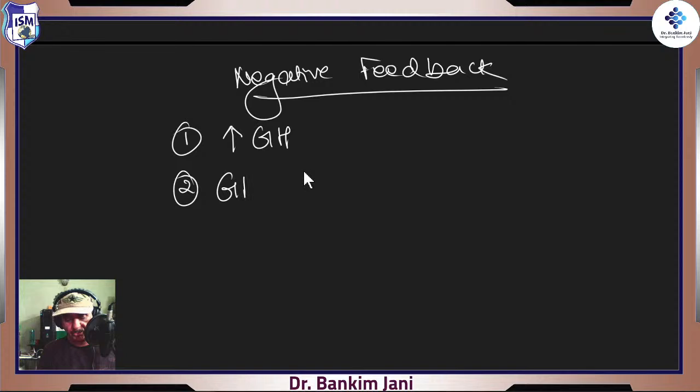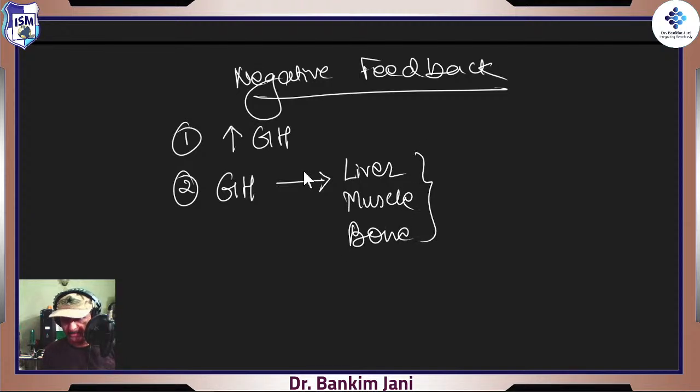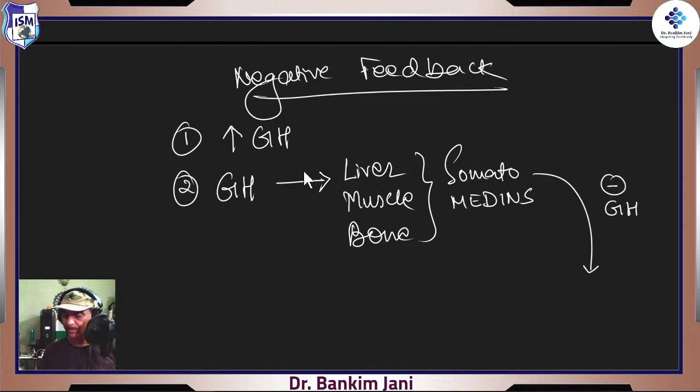Second, growth hormone will affect liver, muscle, bone, and we'll see in more detail what exactly they do. What they do is they lead to secretion of somatomedins. I'm writing MEDINS in capital, somatomedins, and they will inhibit growth hormone by acting on the anterior pituitary.